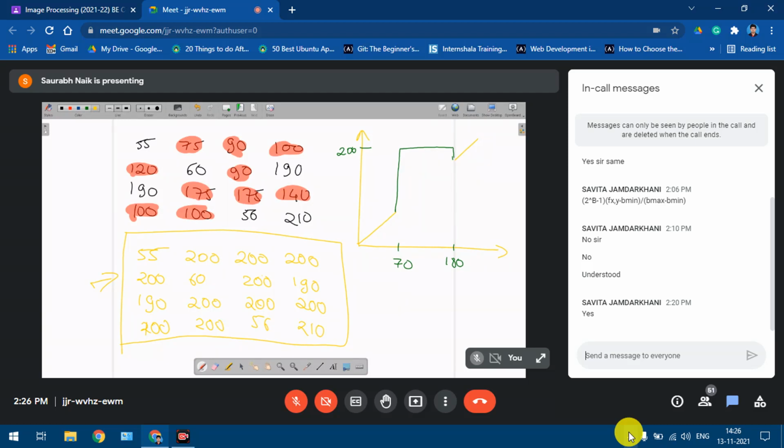What we'll do is, if you're having any difficulties with the numericals, just let me know exactly which numericals you want me to solve in class. I'll try to solve at least one numerical in class during Tuesday's lecture. Otherwise, we will proceed with the next topic, which is geometric transformations.